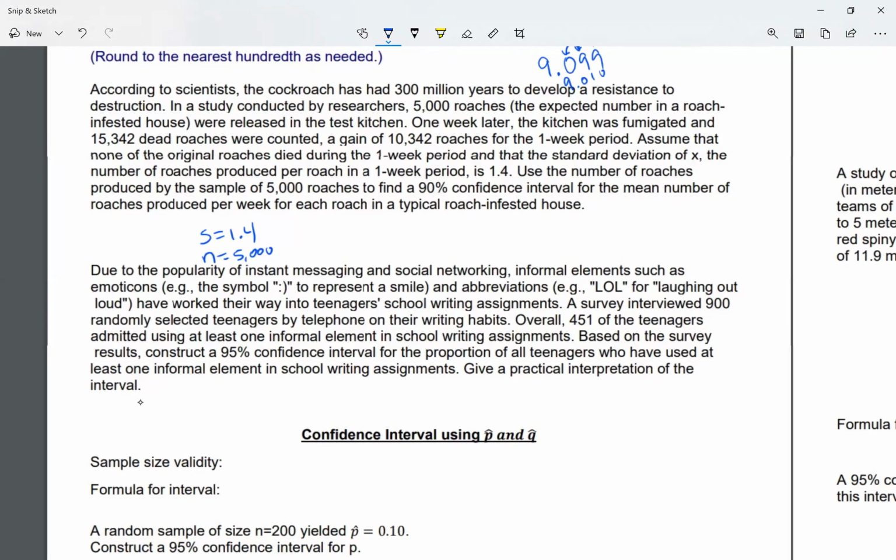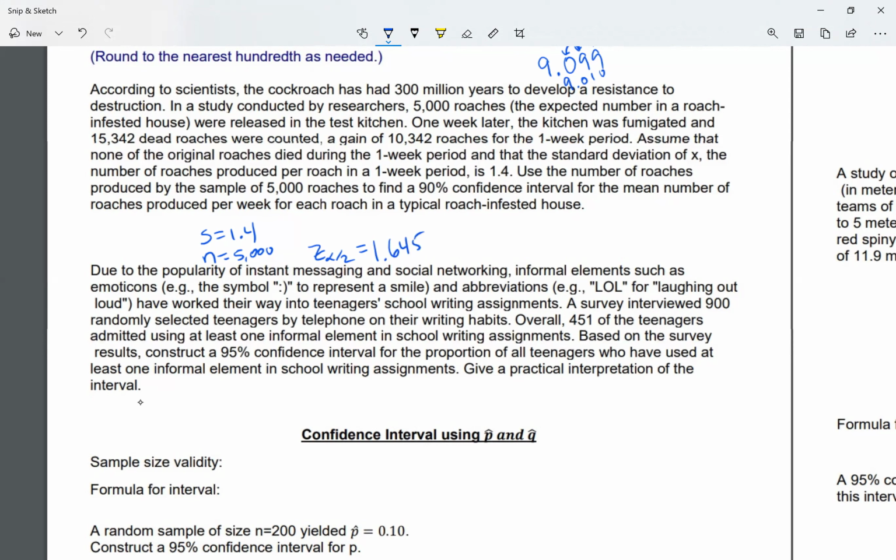To find a 90% confidence interval. Okay, so I do have a C-score of 90%. According to our table, remember the table from last week, for a 90% interval, I'm going to use the C-score of 1.645.